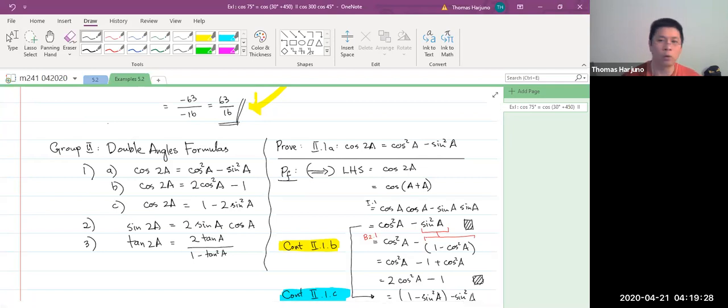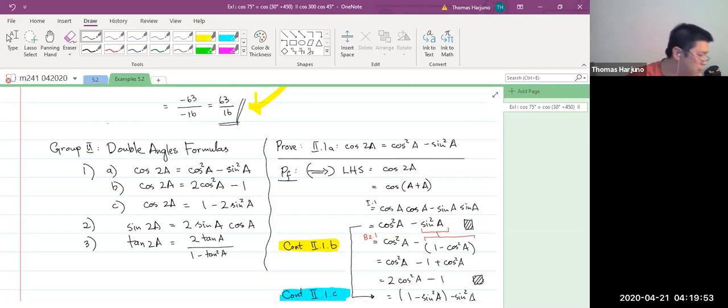So on Wednesday, we will do problems from 5.3, applying group 2. And then we go on to group 3, the half angle formulas, which come from group 2, actually. 5.4 will be from group 2. We derived that to get group 3. Okay, see you then.